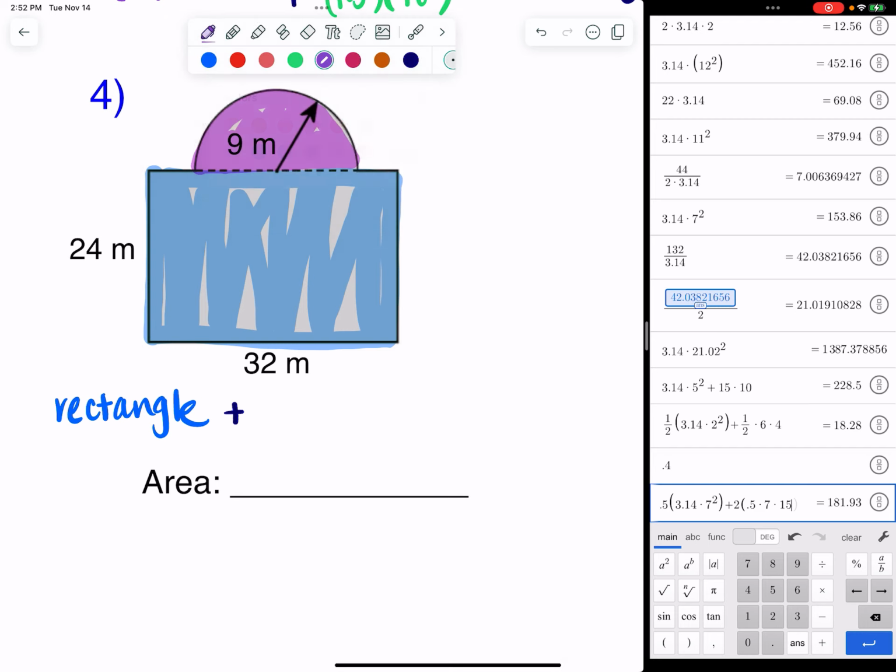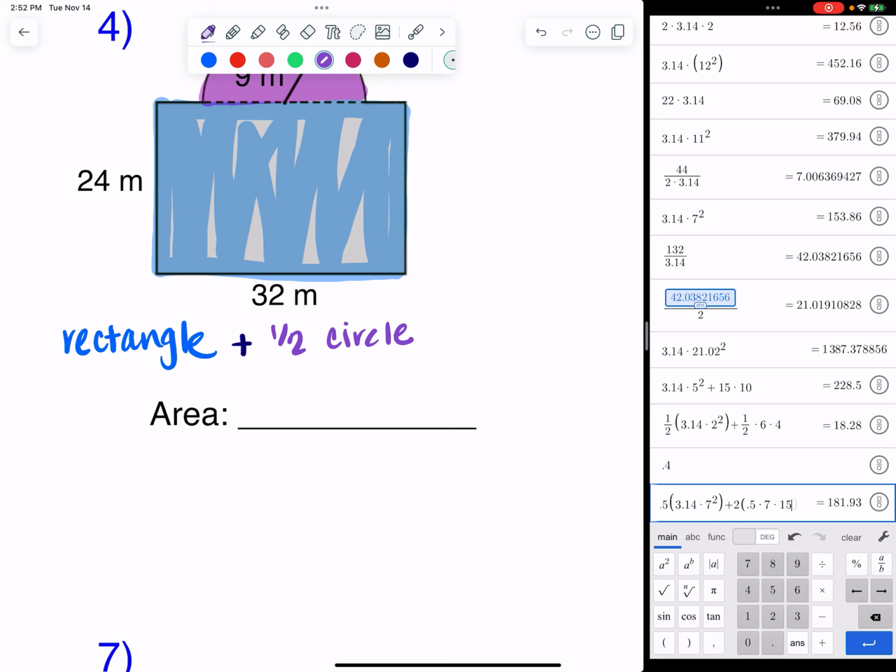So we're going to write the formula. The area of a rectangle is base times height. The area of a circle, I'm going to multiply by 1/2, is pi r squared.